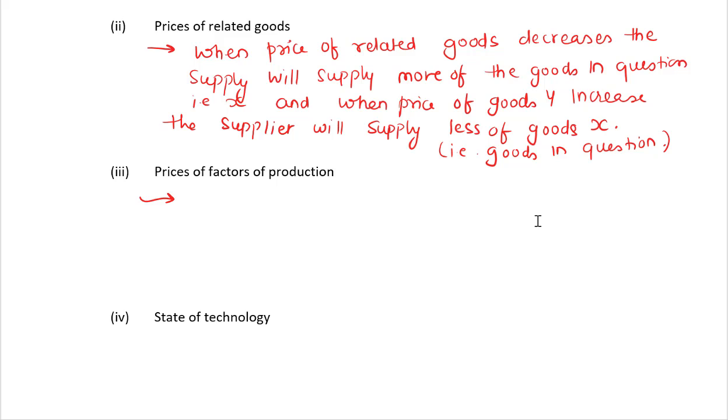The next is price of factors of production. Factors of production like labor, capital.